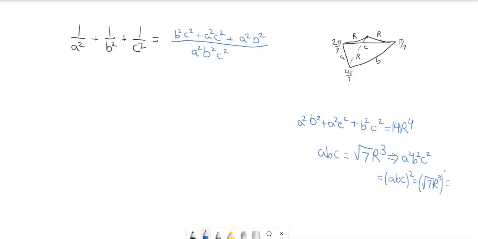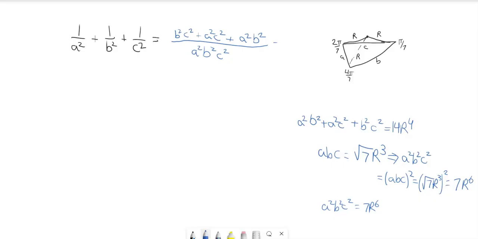So we're getting 7r cubed squared, which is 7r to the sixth power, because 3 times 2 is 6. So the answer to a squared, b squared, c squared is equal to 7r to the sixth.